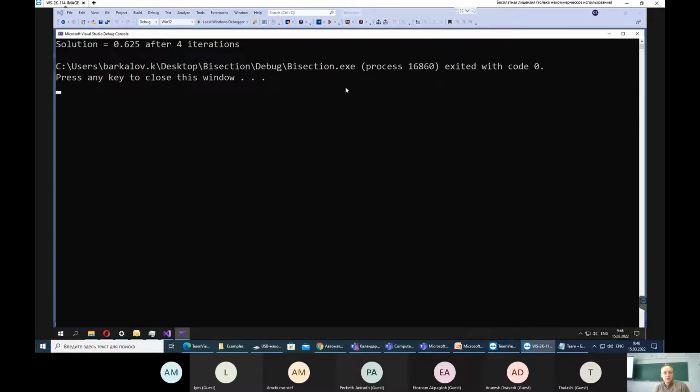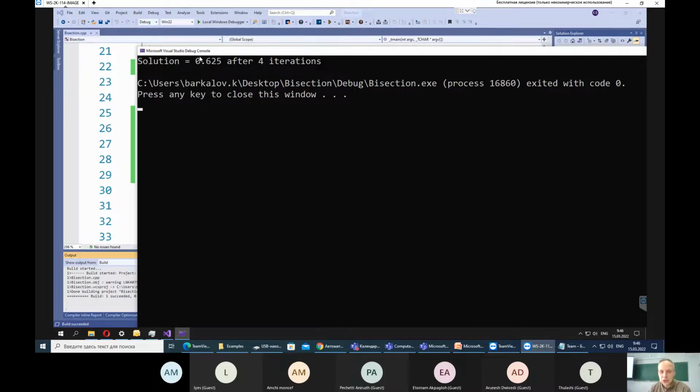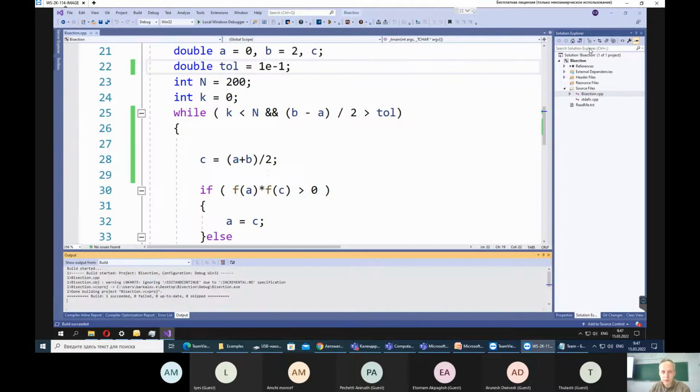Let's check it. Just 4 iterations, but see that the solution is rather wrong. 0.625.